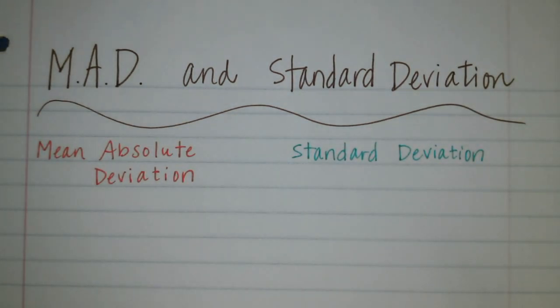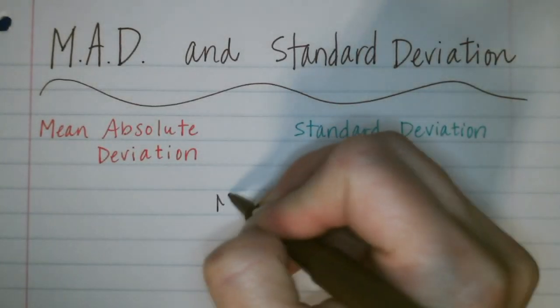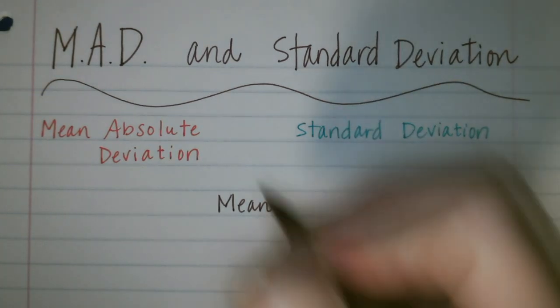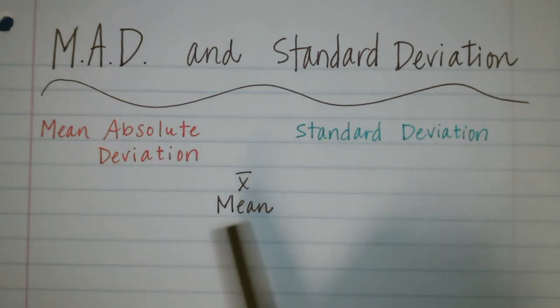Okay, so when we talk about how something deviates, we're talking about how it differs. So if we have our average right here, which is our mean, which I'm going to write as X with the bar over it, that's a symbol for average.